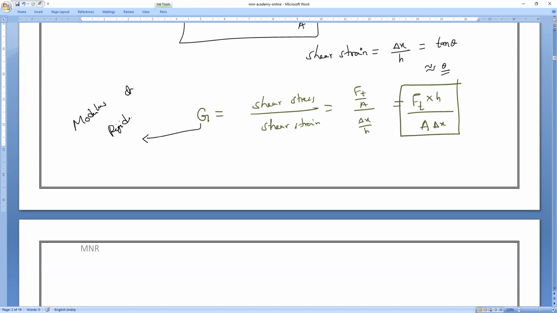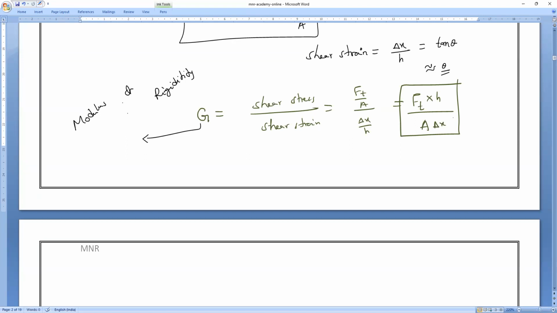Modulus of rigidity, spelled R-I-G-I-D-I-T-Y. So that is what we call modulus of rigidity, and we used to call it G. Okay, guys, please respond. So now I can proceed.